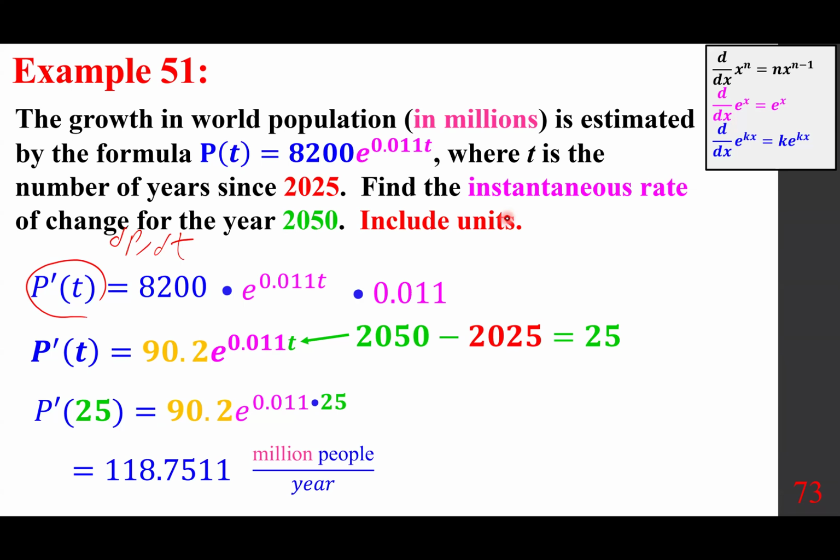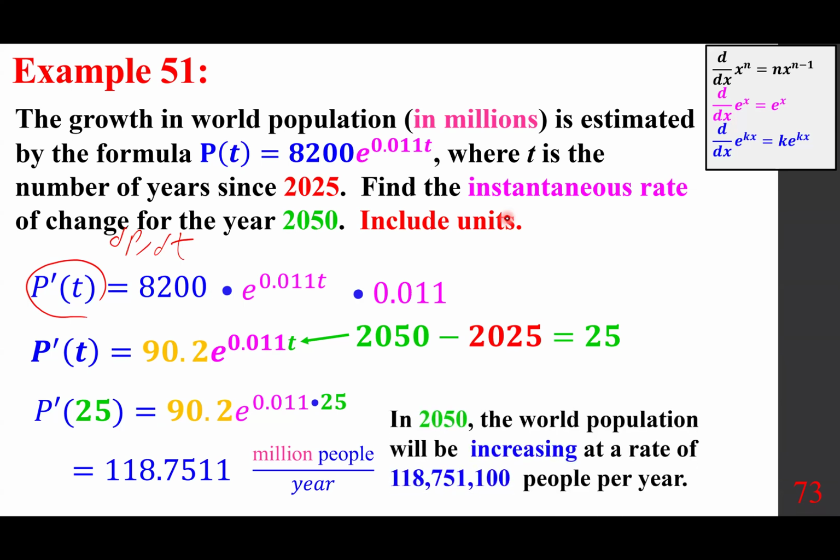So what does it mean? In the year 2050, the world population will be increasing at a rate of 118,751,100 people per year. So this was in millions, okay?